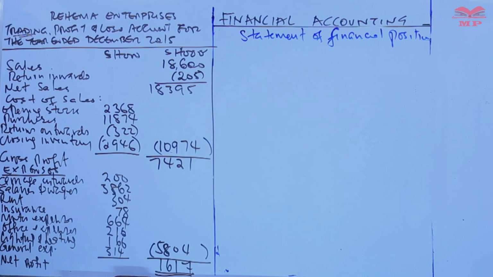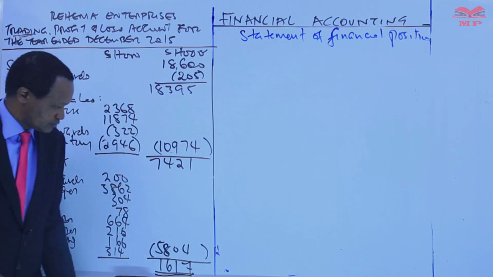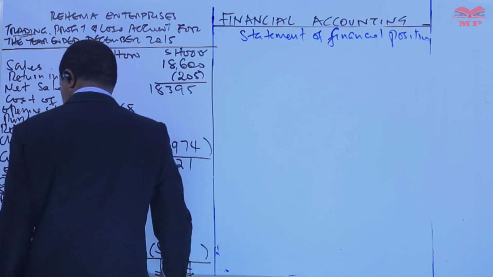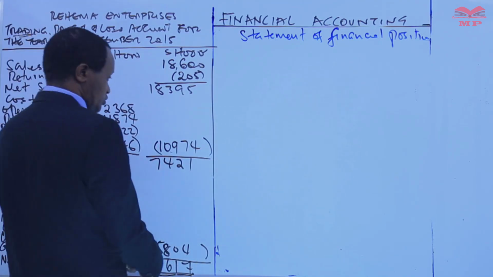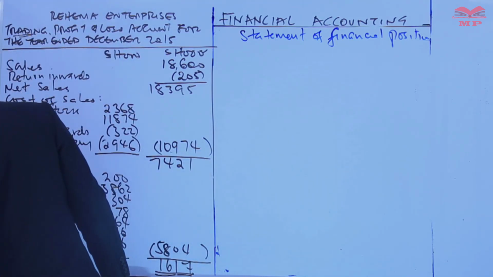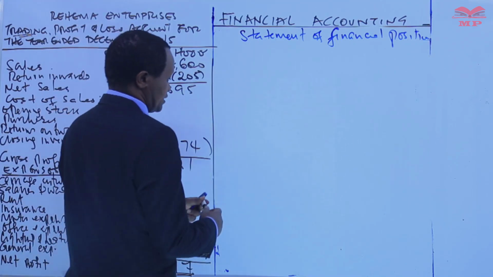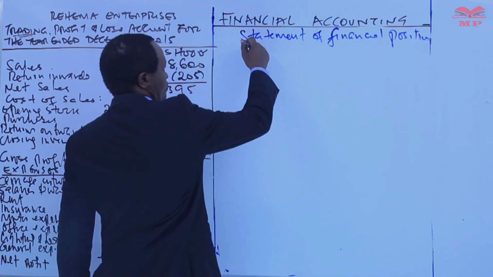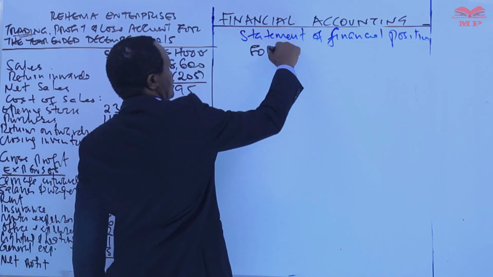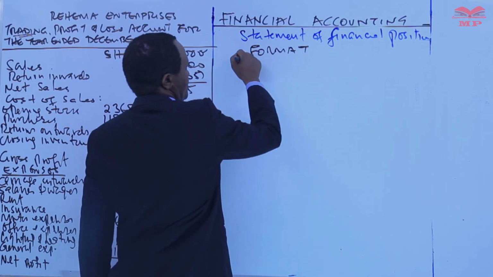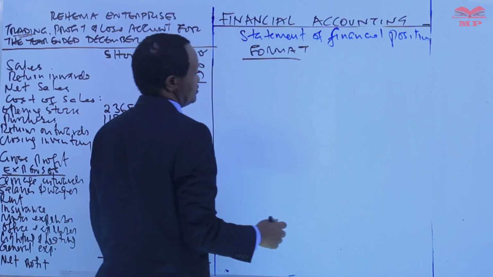Then owner's equity will represent the capital, the drawings, the retained earnings or accumulated profits. So maybe what I need to do before we look at an illustration is to show the format of the statement of financial position.